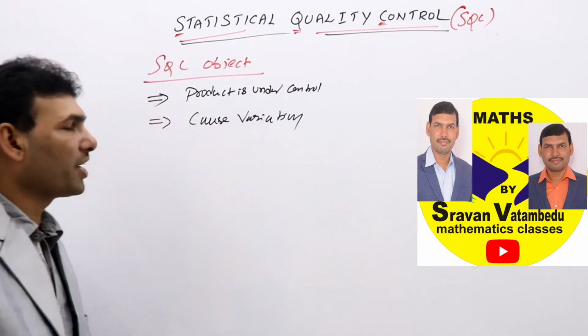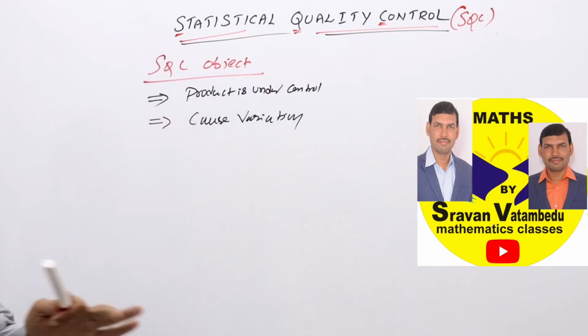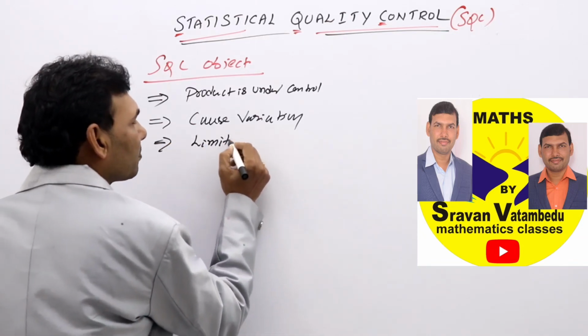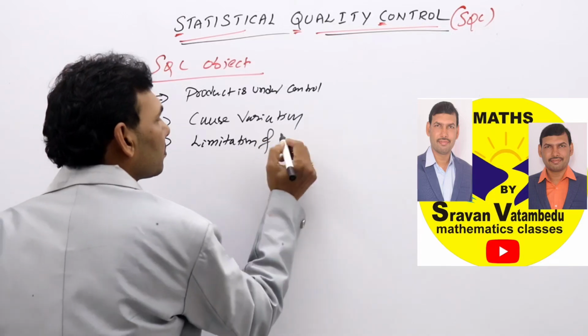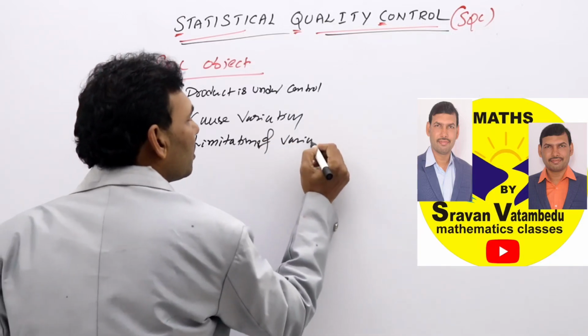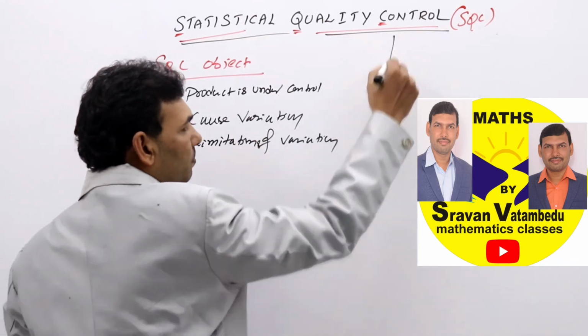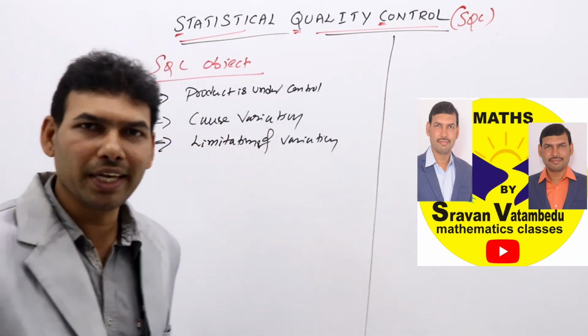What are the causes of variation? Why is it not reaching the standards? The limitations of variation. These we are going to observe in SQC.